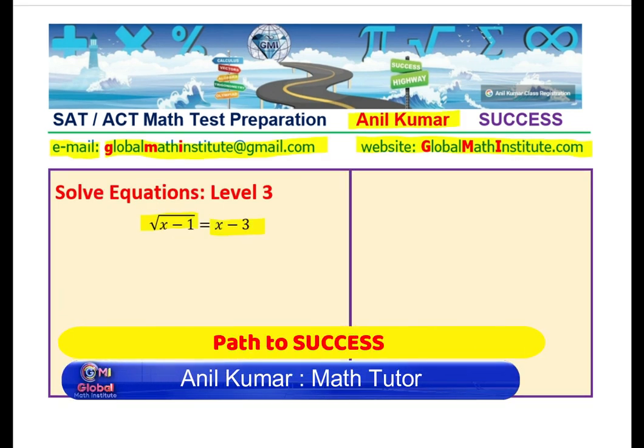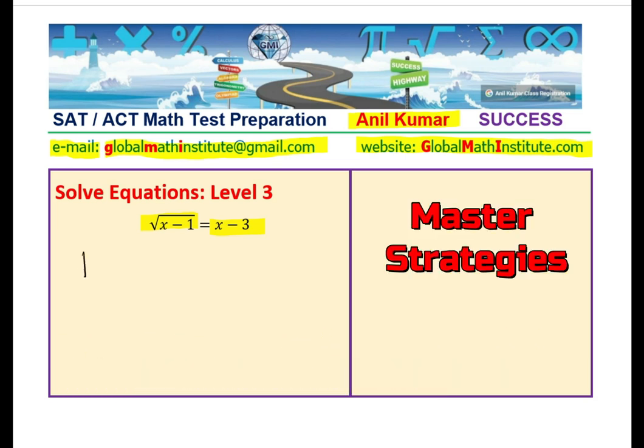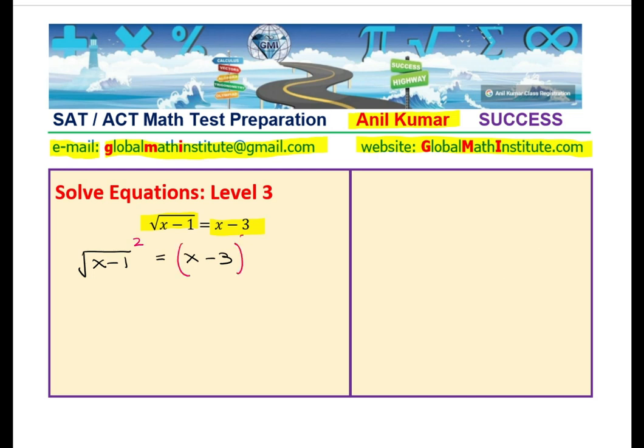Let's get back to the question now, which is the square root of x minus 1 equal to x minus 3. As a first step, we are going to square both sides. Now, remember one thing: when you square both sides, you can incorporate error, and therefore it is important to check your solution.